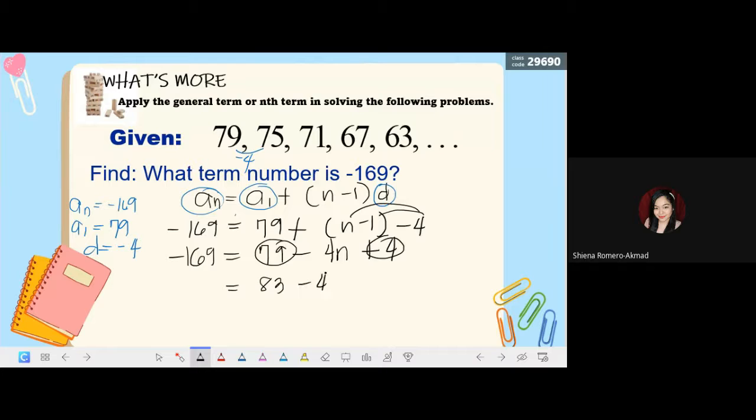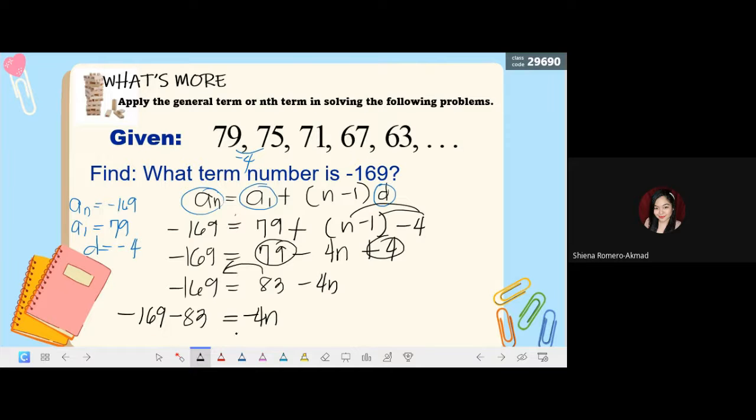Correct. Transpose natin sa 83. So that will be -169 minus 83 equals 4n. So what is -169 minus 83?